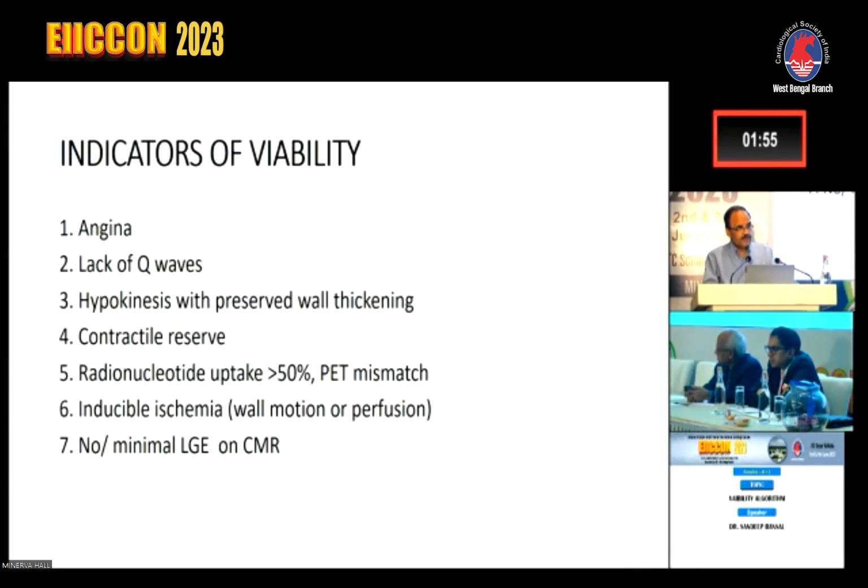Further, many a time when we send our patients for an MPI scan, the nuclear cardiologist sends the patient back saying that though there is hypoperfusion, because there is a preserved wall thickening, the ventricle is very much viable.